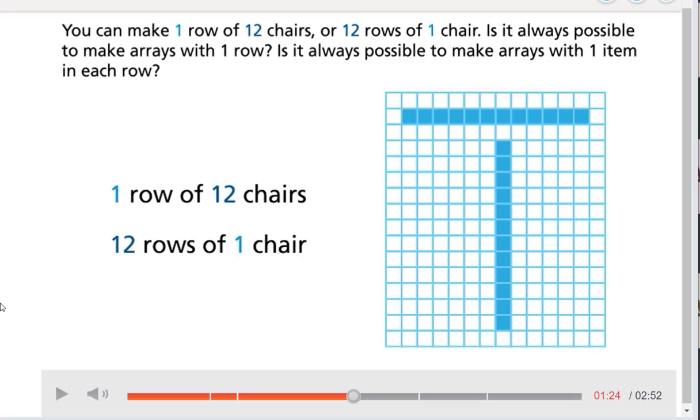If I give you 7 chairs, you can make them in one row? I can make them in one row, and I will put the 7 chairs all in one row. Yes. So we can make one row, and we can make one item in each row, so one column.